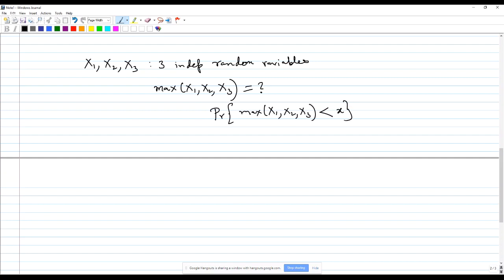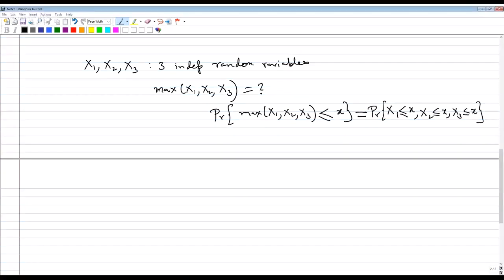If you think about it, the maximum has to be less than x, and this is actually completely equivalent to the probability that x1 is less than or equal to x, x2 is less than or equal to x, and x3 is less than or equal to x.